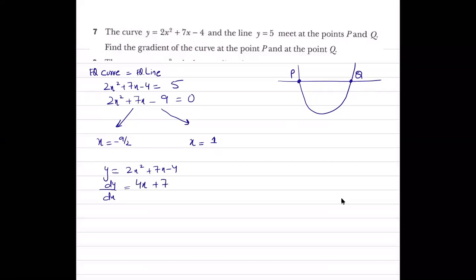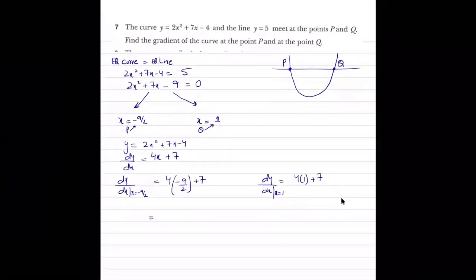So let's say I'm calling this point P and I'm calling this point Q. dy by dx at x equals minus 9 upon 2, and dy by dx at x value 1, gives minus 11 and 11, right?